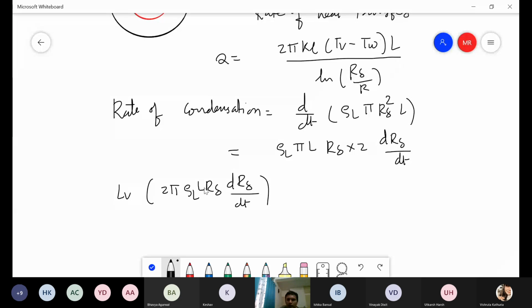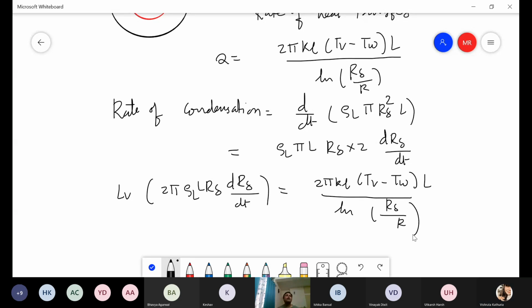And this should be equal to the amount of heat transfer, 2 pi K L (TV minus TW) divided by ln R delta by R.